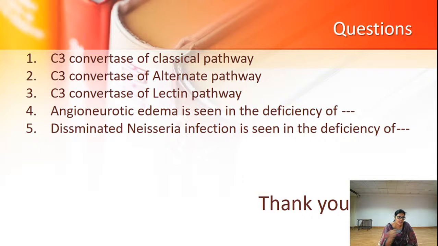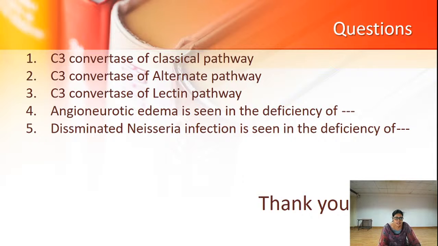It is not possible while typing, but you can write it in the exam. The C3 convertase of the alternate pathway is C3bBb, and the C3 convertase of the lectin pathway is MBL, MASP, C4b2a.